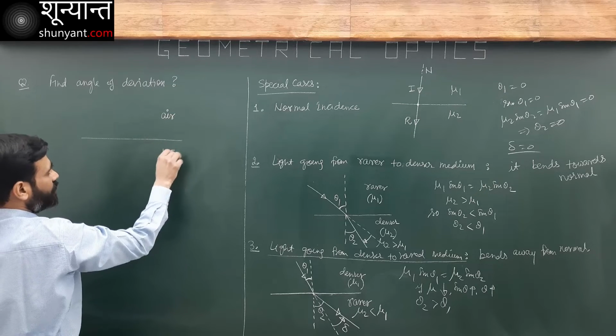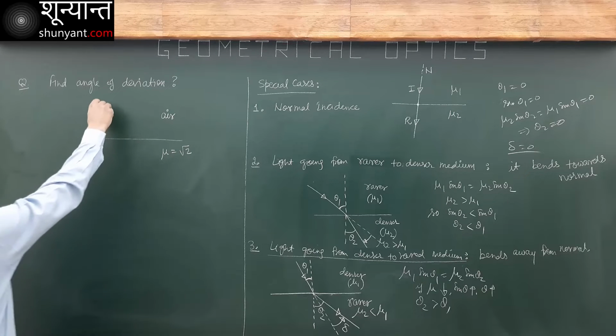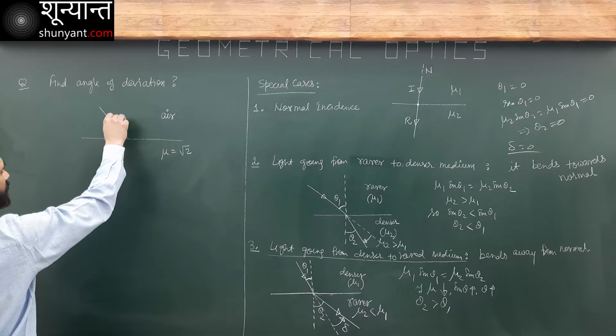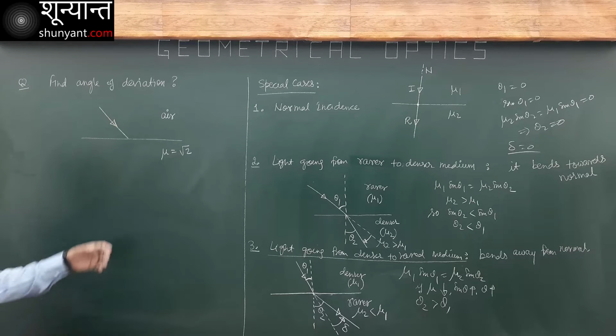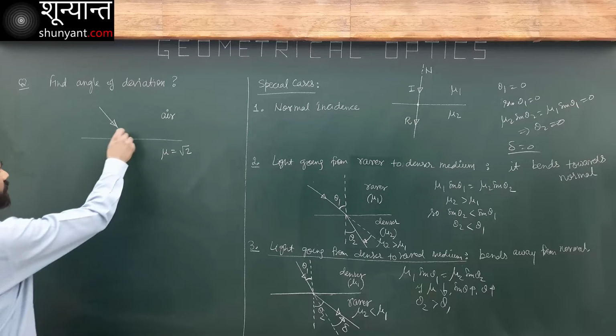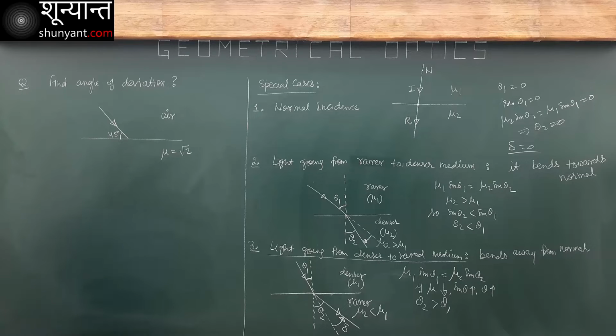The other medium mu is root 2. Light is incident like this. Let's say that this is my light, traveling in air. It starts entering into the other medium at this point. This angle is 45 degrees. Light will bend. What will be deviation? Find out.